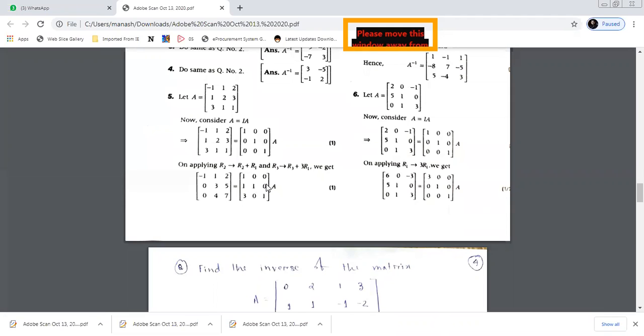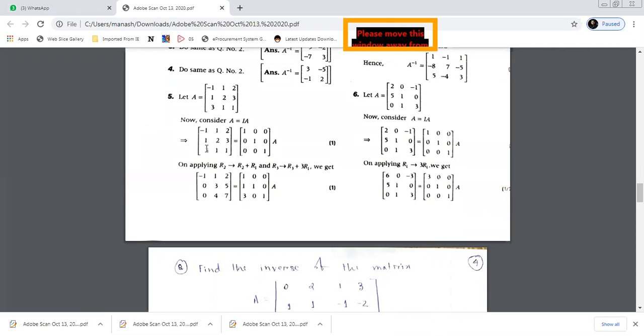Clear? At the same time, we can make this element equal to 0. How can you make this one equal to 0? It is 3 plus -3, so it will become equal to 0. So how can we do this? Row 3 tends to row 3 plus 3 row 1.